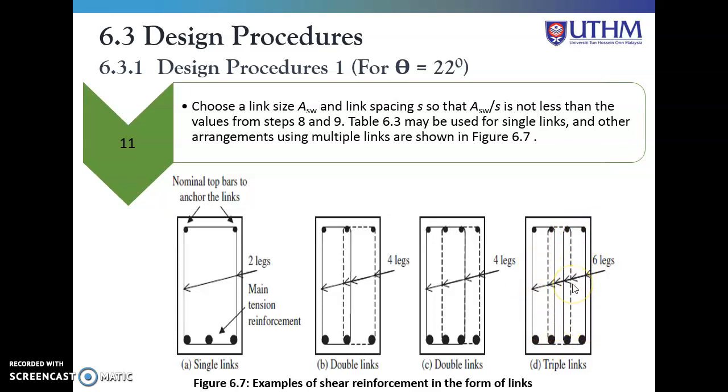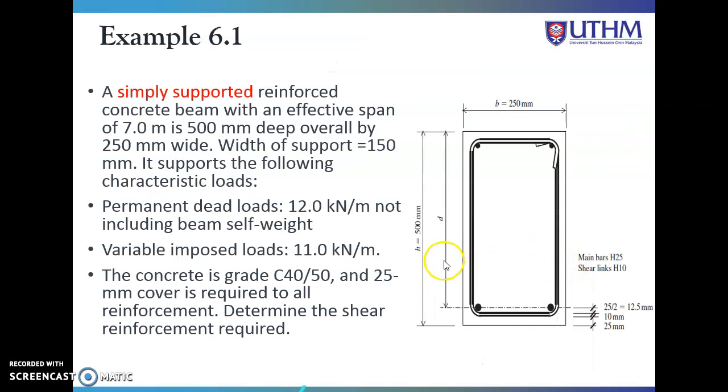Okay, alright. So we continue with the example 6.1. So this is a simply supported reinforced concrete beam having a span 7 meter and 500 millimeter depth overall by 250 wide, and the width of the support is 150, and this is the characteristic load.